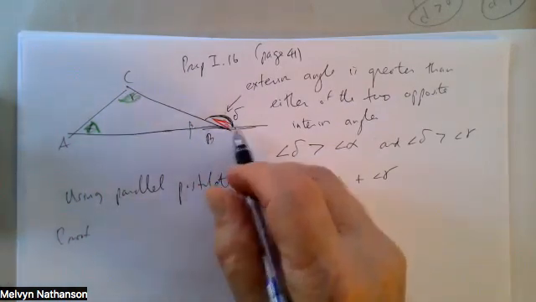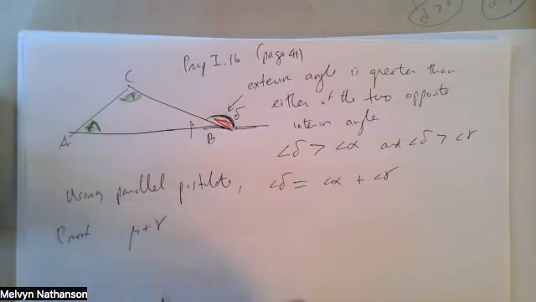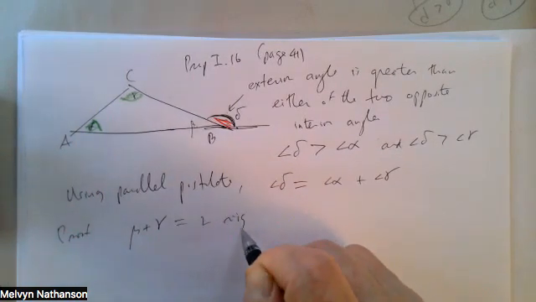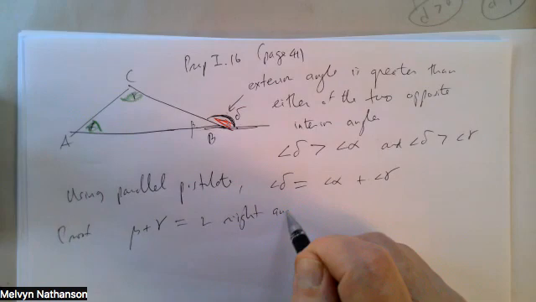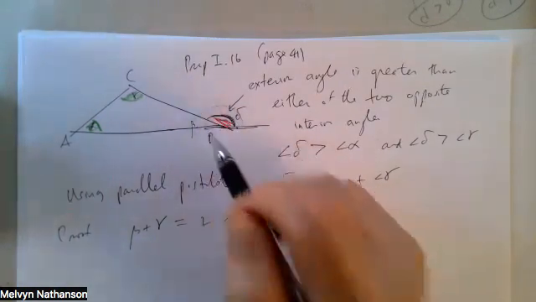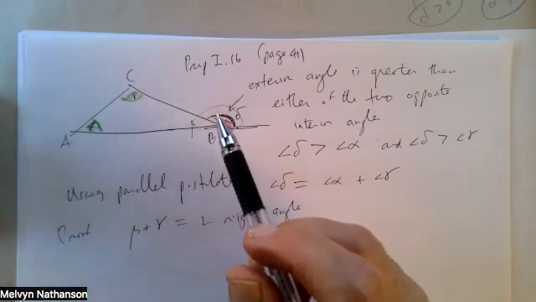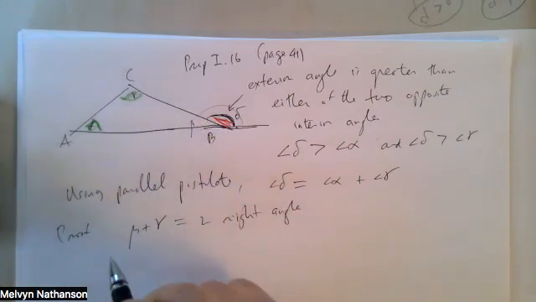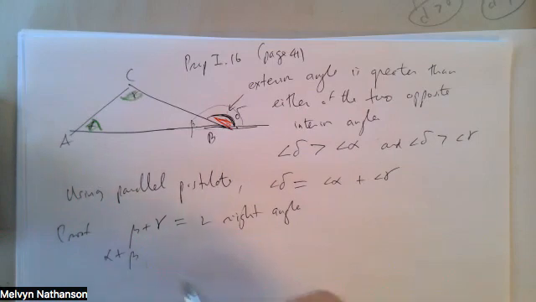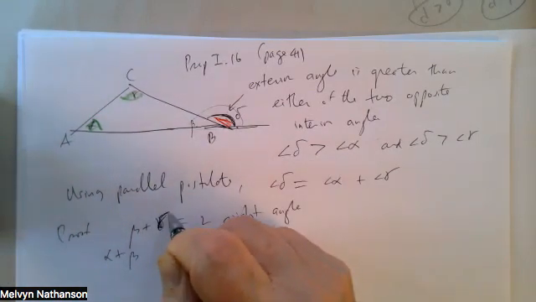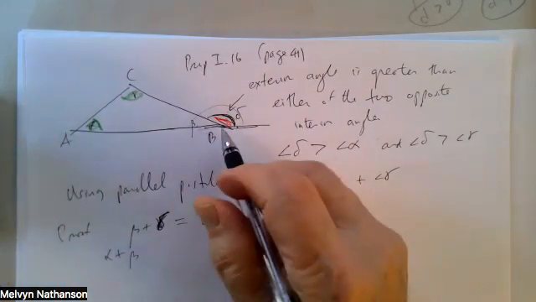If you look at beta plus gamma together, that's equal to two right angles, because it makes a straight angle. And if you add the sum of the three angles of the triangle, beta plus delta. Beta plus delta is two right angles.